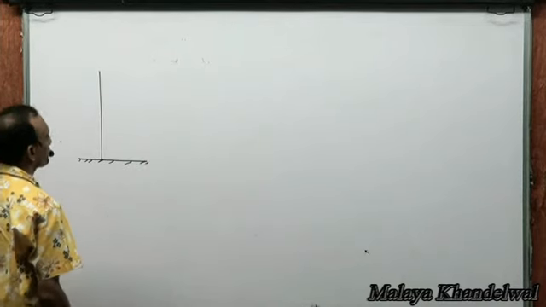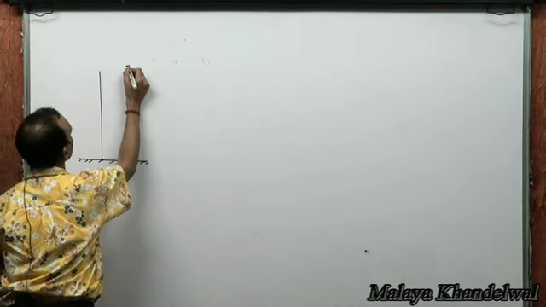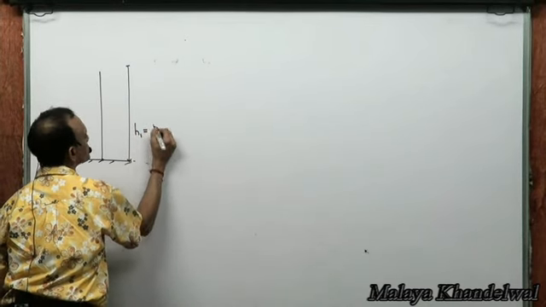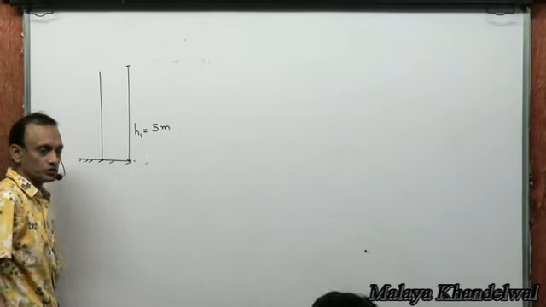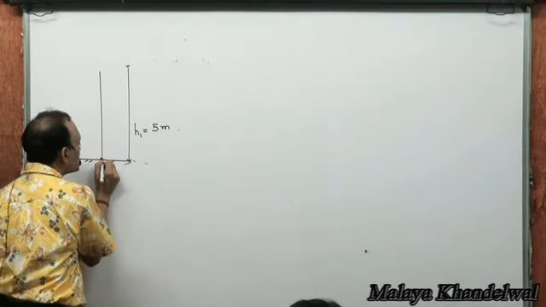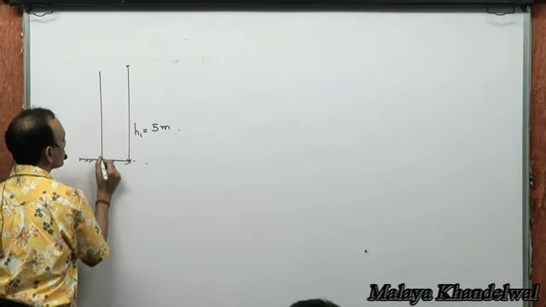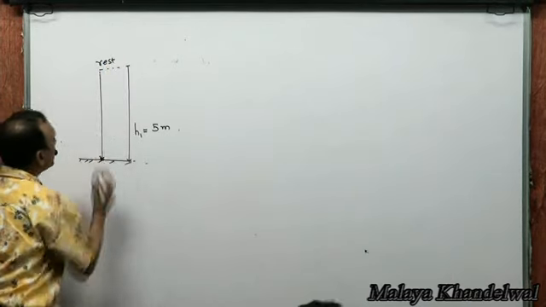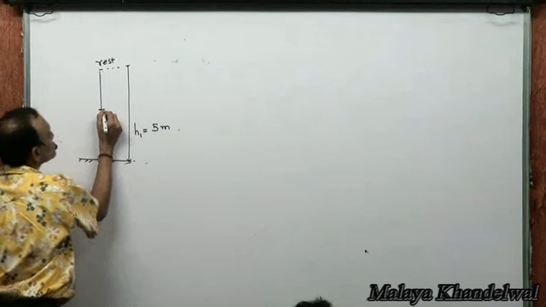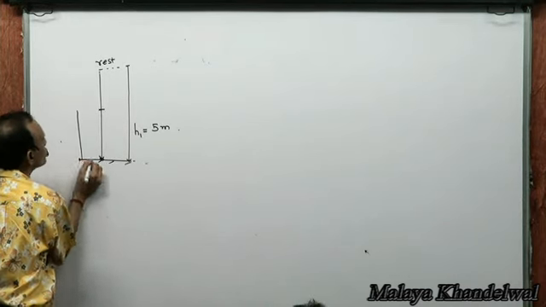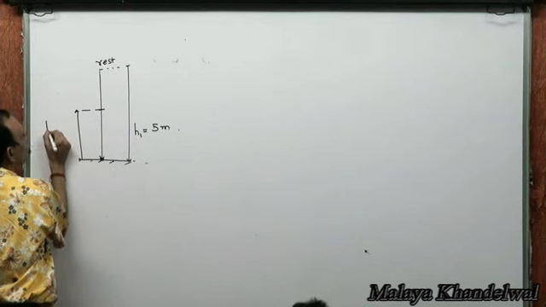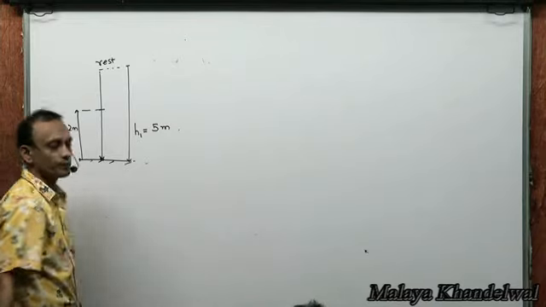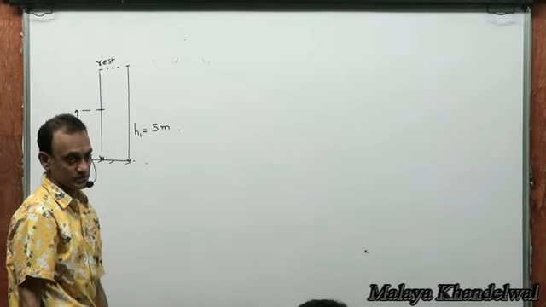Say it falls from a height h1 equal to 5 meters. It hits the ground, and obviously it starts from rest, and then eventually it rebounds to a height h2, say equal to 3.2 meters.